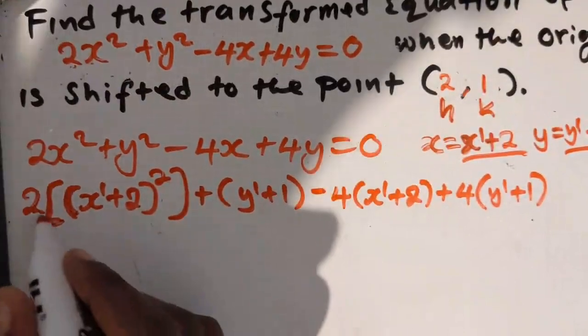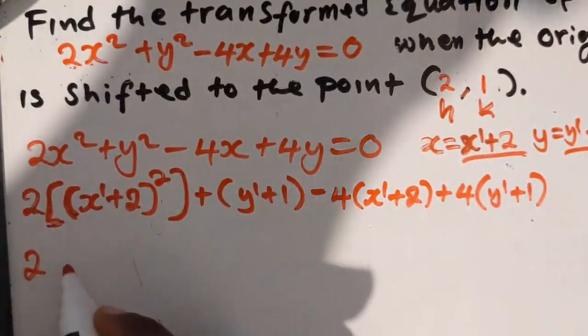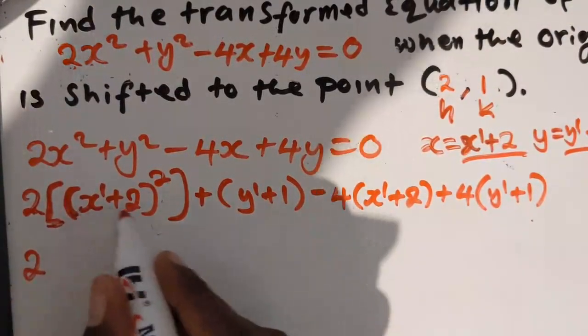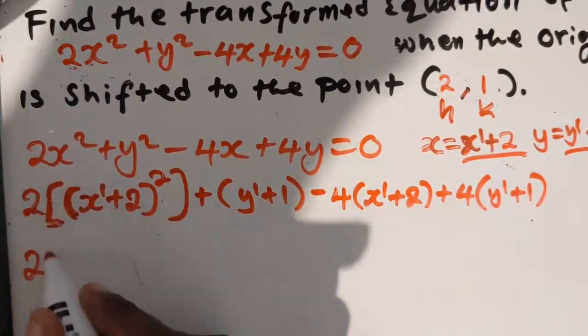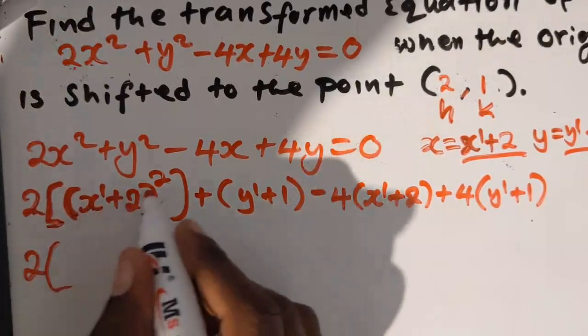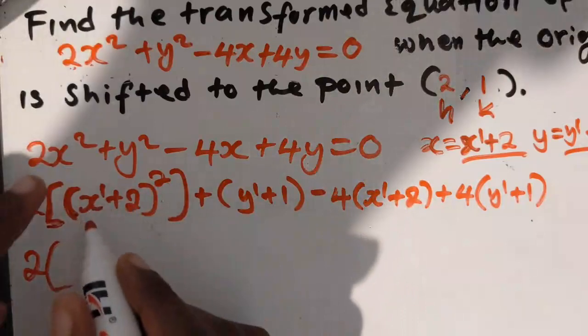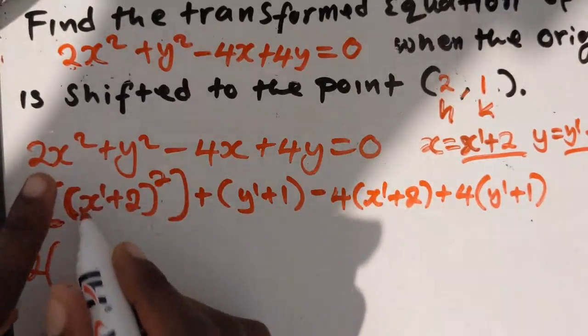So now from here, just copy the 2 like that. So this is going to be 2. Then you know that this is a bracket like that, right? Then here when you expand this, just hide this bracket, expand this.